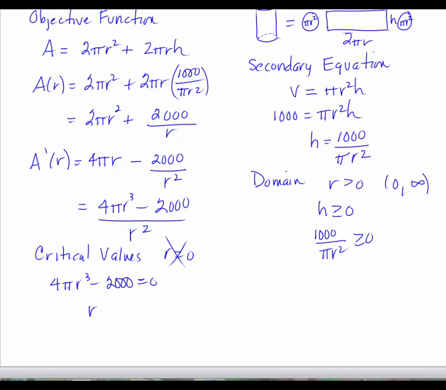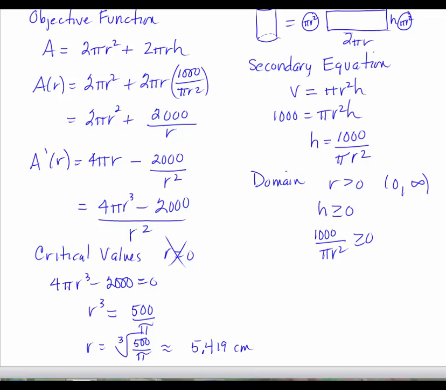That means r cubed would equal 500 divided by pi when I divide both sides by the 4 pi. And my r is going to be equal to the cube root of 500 over pi, which is approximately 5.419, and that would be centimeters.